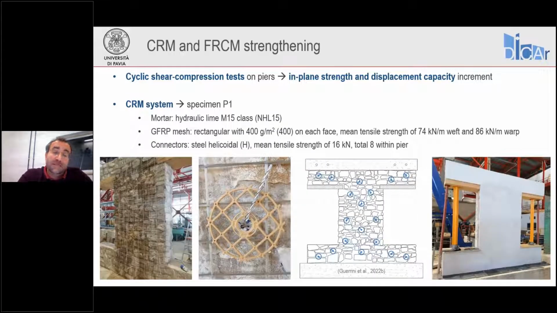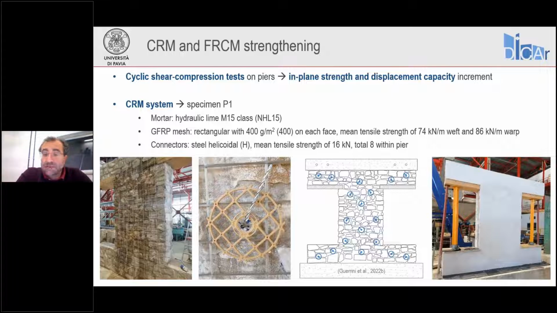So, for the CRM solution, one of the different combinations investigated with the diagonal compression test was chosen. A hydraulic lime mortar of M15 class was selected. The mesh was a rectangular GFRP mesh with a weight of 400 grams per square meter, and helicoidal connectors were adopted to connect the strengthening to the masonry substrate.